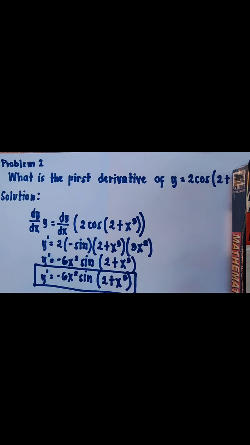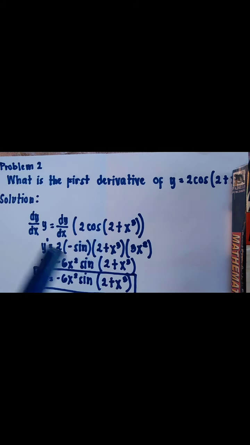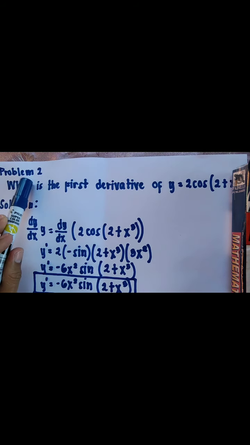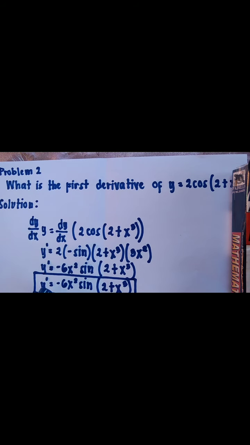Therefore, the derivative of our problem number 2 is y prime equals negative 6x squared times sine of (2 plus x cubed).